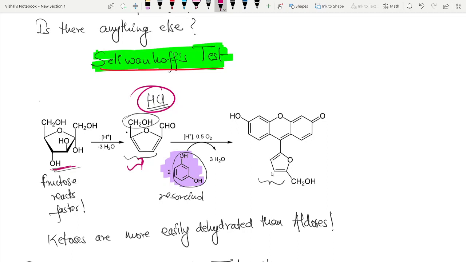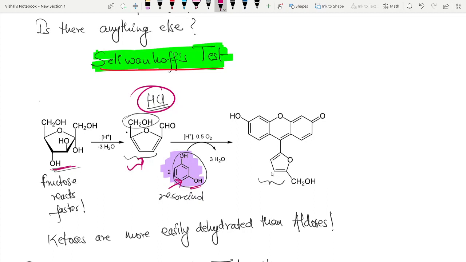And this time in the Seliwanhoff's test, instead of beta naphthol, which was used in Molisch test, we are using resorcinol. So this is the difference here in the Molisch test, the second reagent which is used to make a dye is different in these kind of tests.